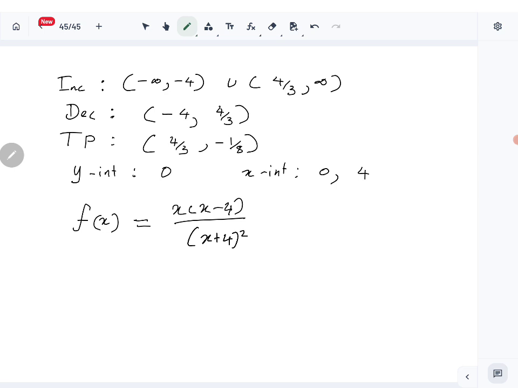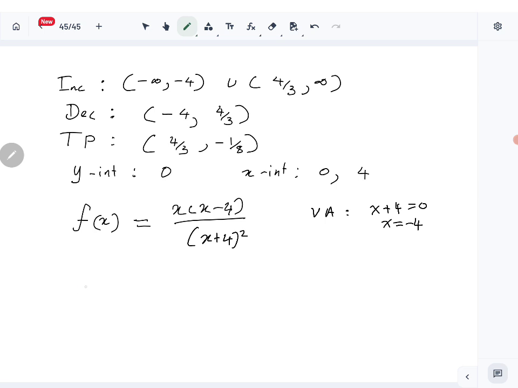Right. So vertical asymptotes are what? For a rational function, the shortcut is what? Points where the denominator becomes 0. So here the vertical asymptote is x equals minus 4. Right.